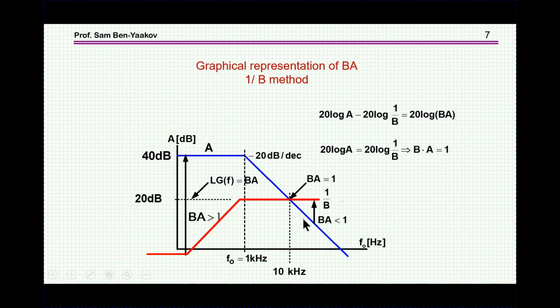This is the area you'd like to look at, and from the rate of closure here, you can tell whether the system is stable, or in other words, you can design a controller such that the rate of closure will be 20 dB per decade.